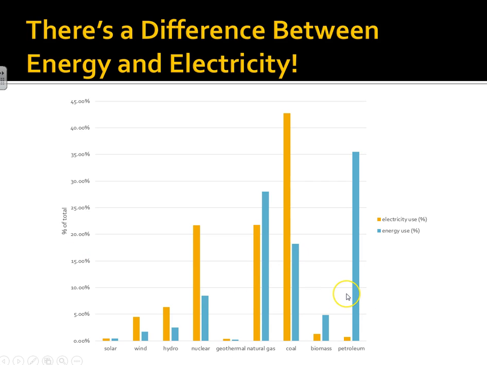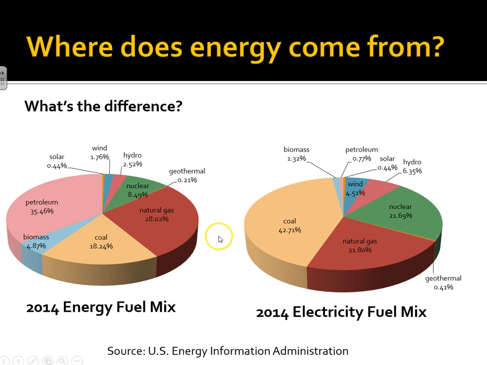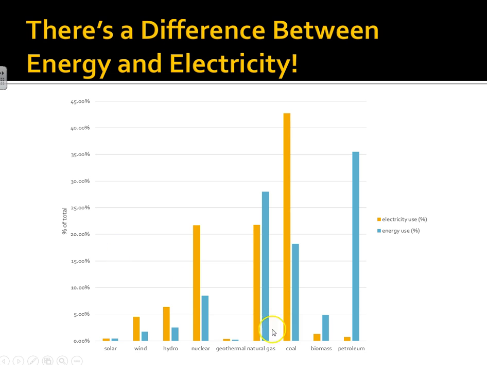So to give you a little side-by-side comparison, feel free to press pause and check out this chart. There's a big difference between energy and electricity. If you take these pie charts and compare the coal percentage, it's 42% coal as electricity and 18% coal as energy. So of the electricity use, it's 42%.